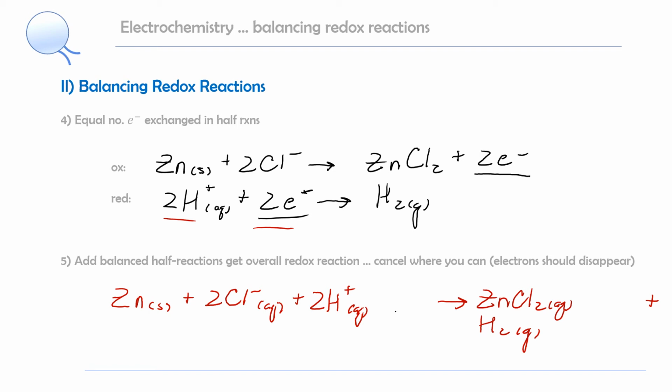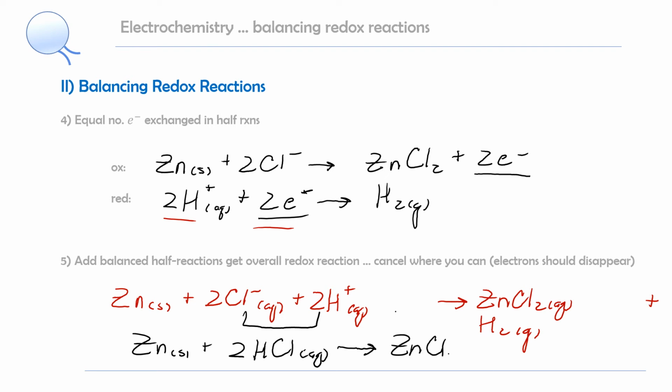And remember that in aqueous solution, that's a strong acid, it fully breaks up, so you could represent this as 2HCl. So zinc solid reacts with 2 moles of HCl to produce zinc chloride in solution and hydrogen gas.